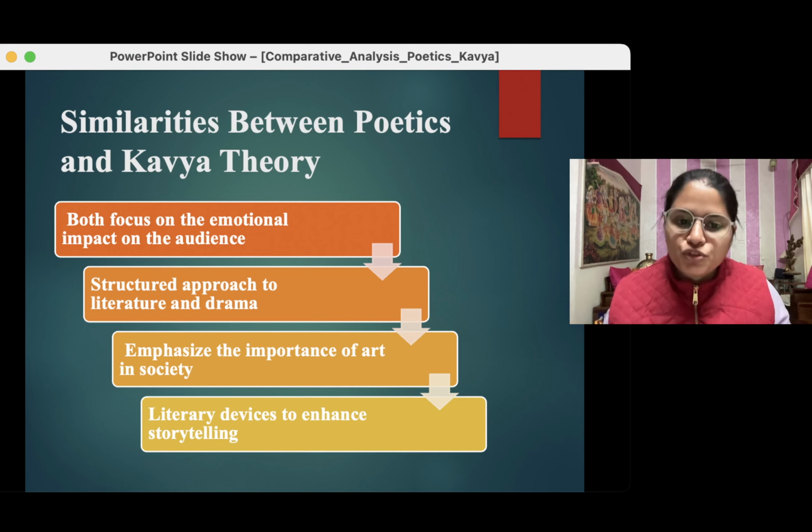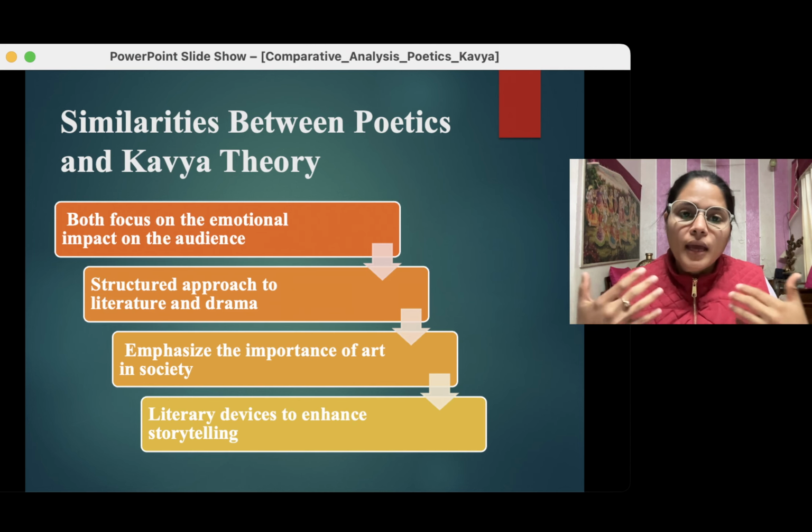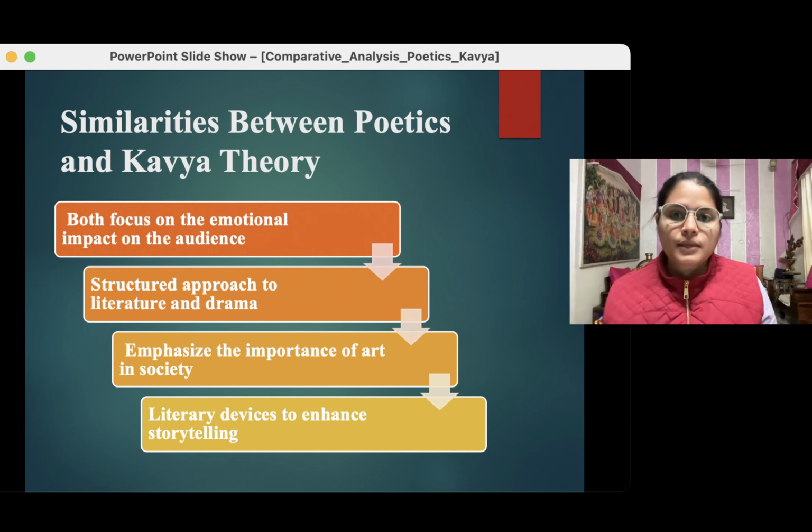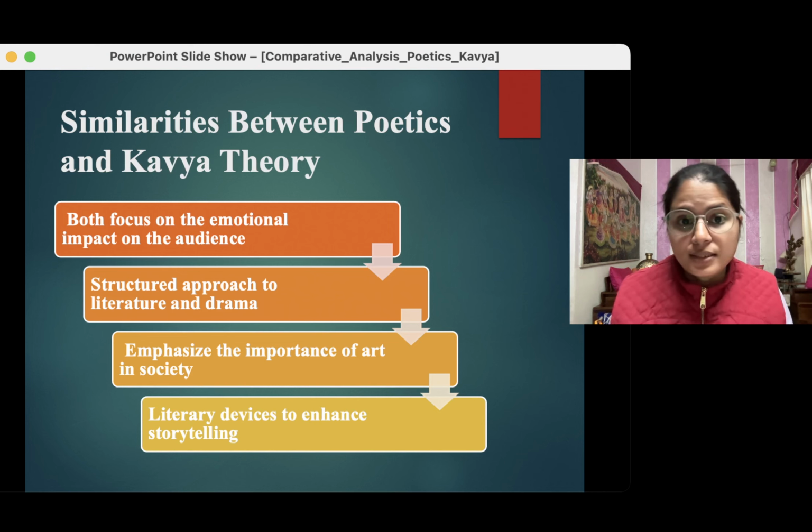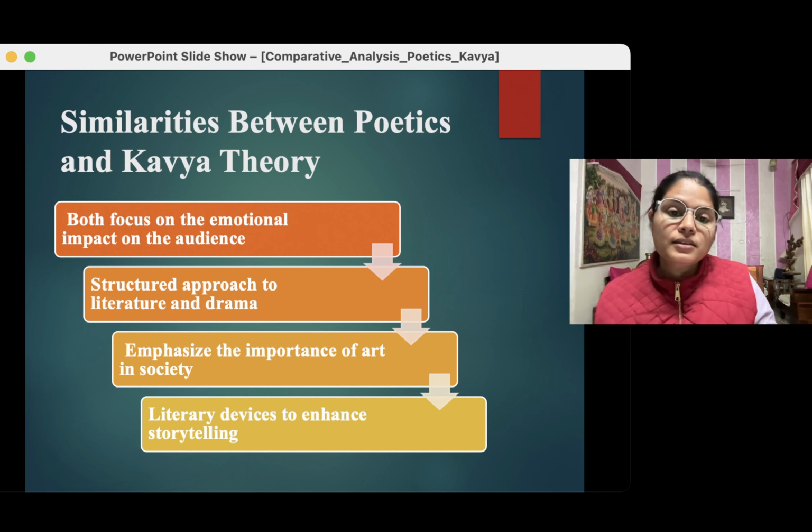The emphasis is on the importance of art in society, how that art brings something moralistic, aesthetic, or ethical to society. Literary devices are very important to enhance the narrative.